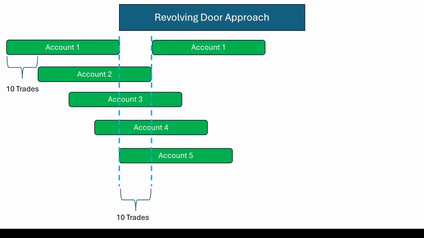And how that works is you start the accounts up in a staggered approach. So to dive into this example specifically, you would start with account 1. This is, let's say, a $20,000 account. And you would trade it until you have X amount of trades. In this example, we will use 10 trades. After which, you would keep trading account 1, but once this 10 trade period has passed, you will also start trading account 2. And you will be copying and doing the exact same trades in both accounts.